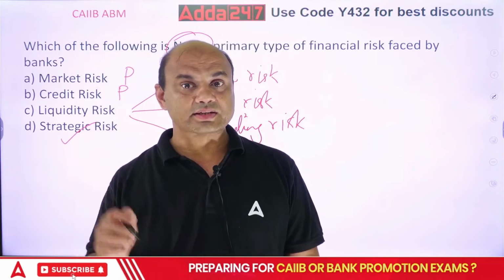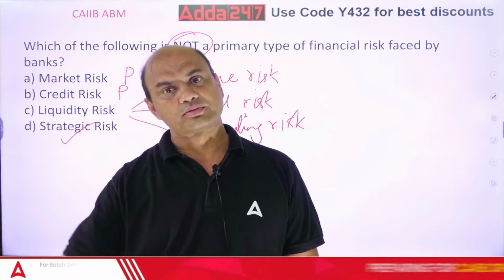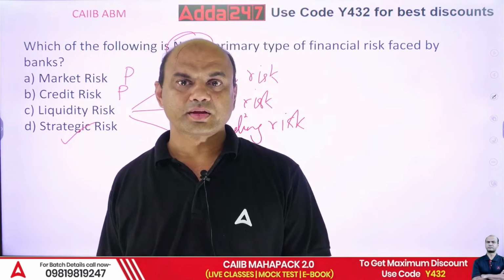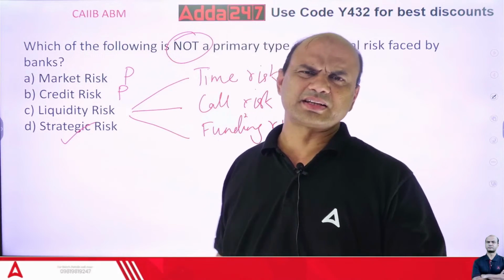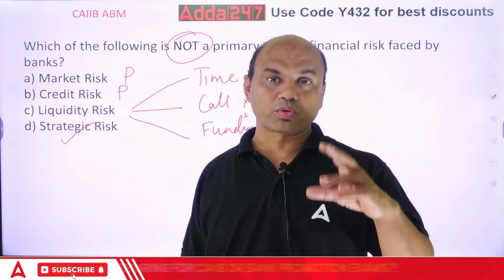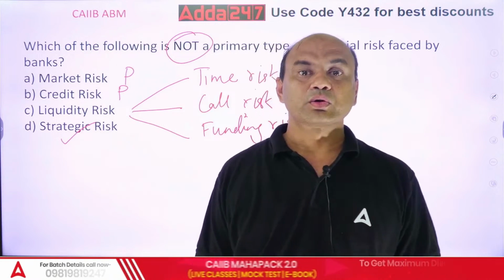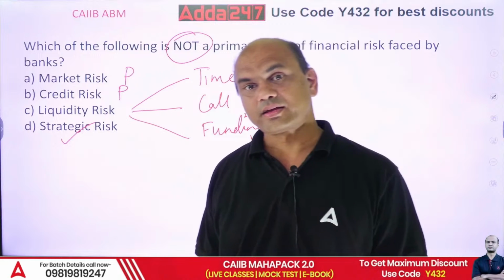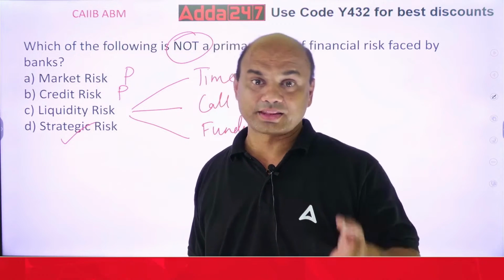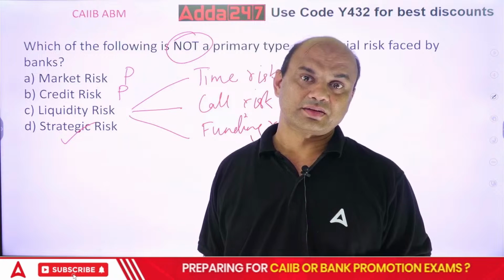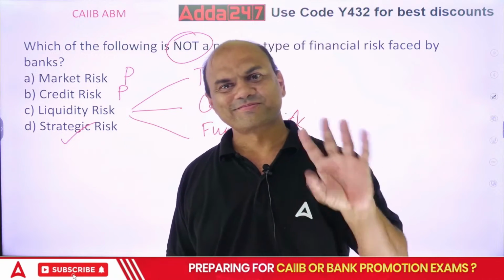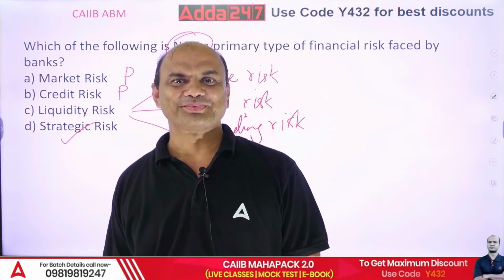So strategic risk. Nokia should have thought of it. Some companies are there. Kodak company. You remember the Kodak cameras? Kodak, Konica, Yashica. There were so many cameras. Where are they now? Gone, isn't it?